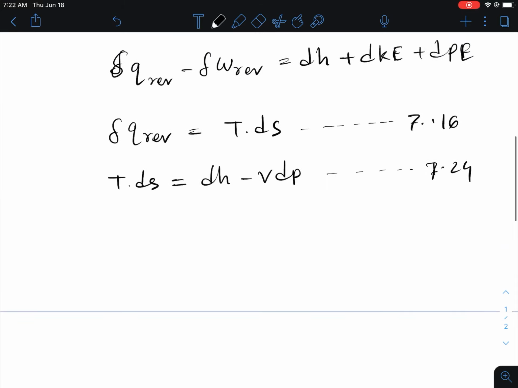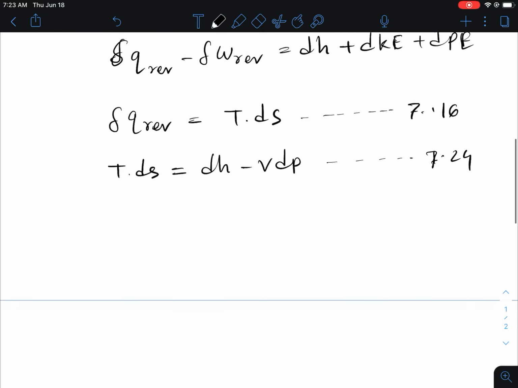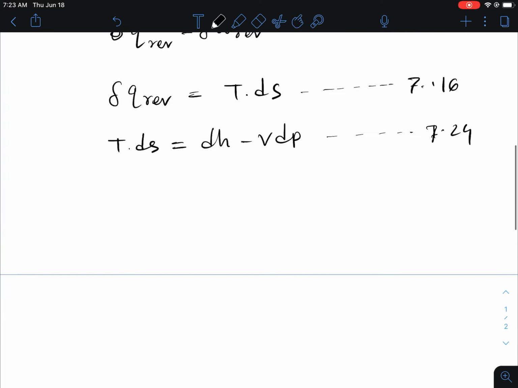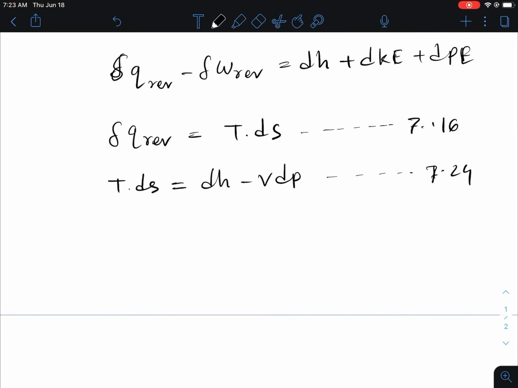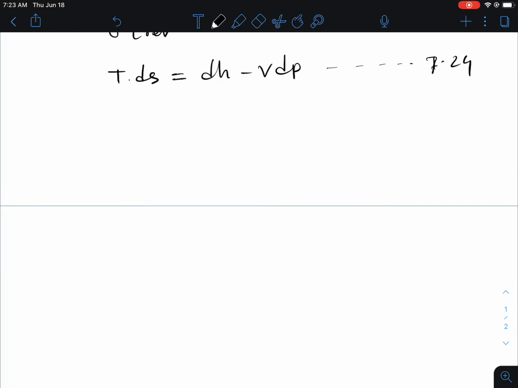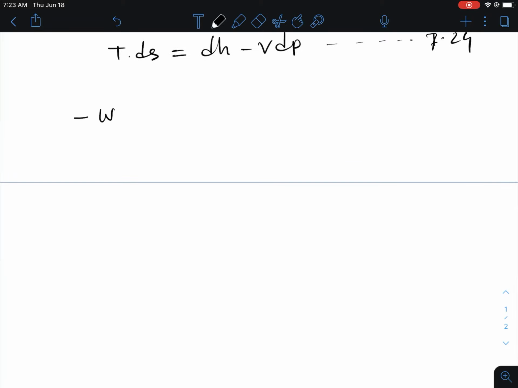Now if we plug in these values of q reversible and dh, we can simplify to get the work done by the system, w reversible.